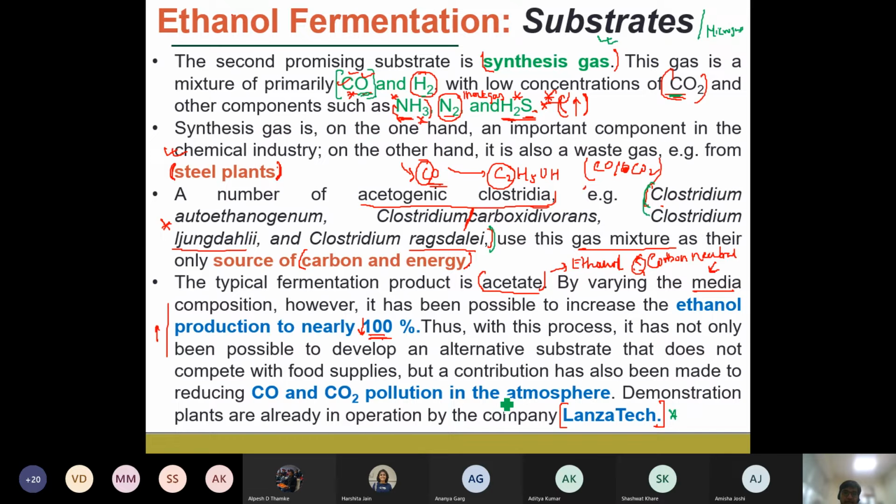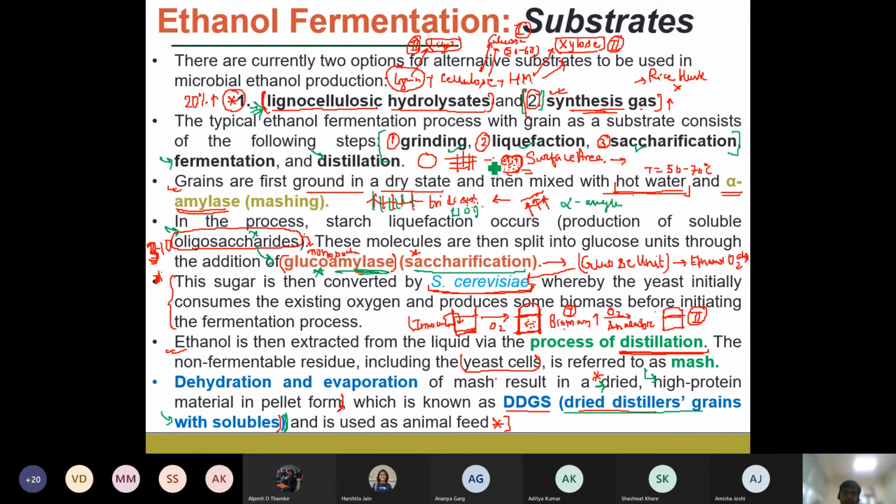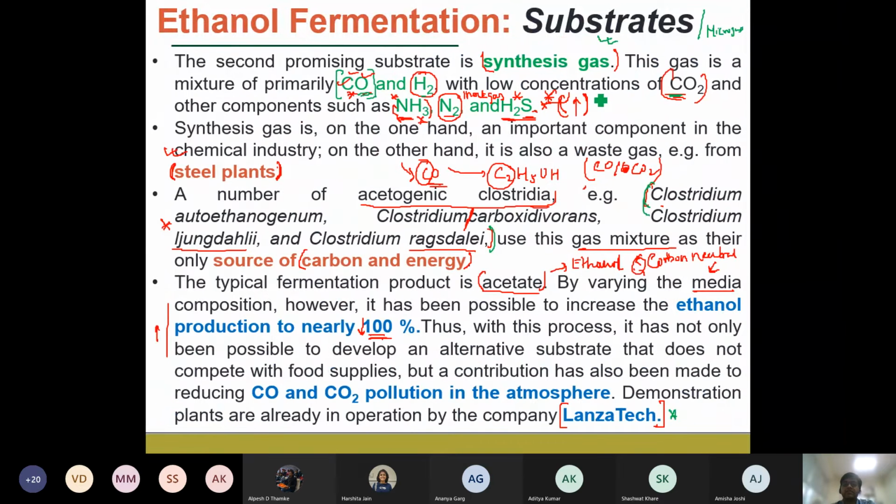So we have seen that agricultural biomass is one of the substrates, but another important one coming up, though still in the research stage, is to use synthesis gases, the gases released directly from industries, which are mainly composed of carbon monoxide, hydrogen, carbon dioxide, ammonia, and hydrogen sulfide.